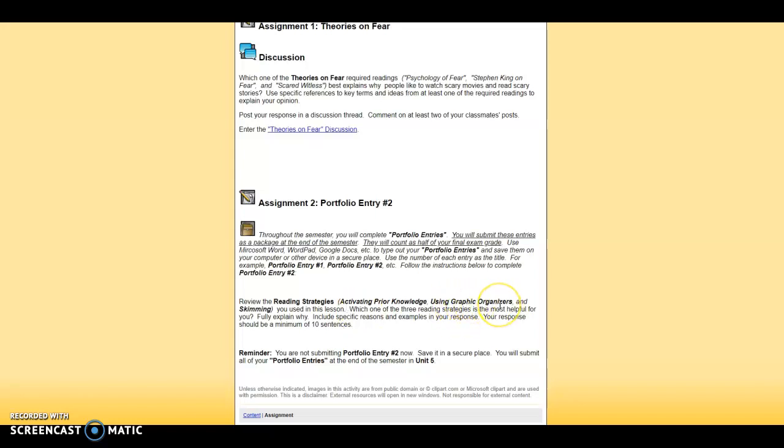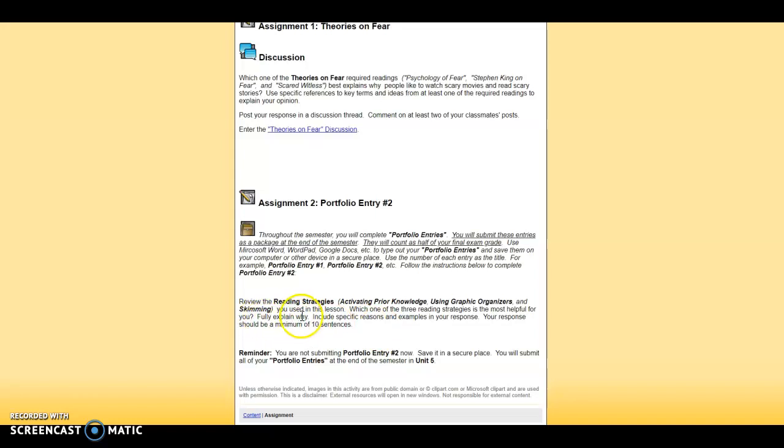Do you prefer using graphic organizers? There are some students who like to see things graphically, and that helps them understand. So do you like making notes in a graphic organizer as you're reading? Or do you like to skim through the information first and get an idea of what you're looking at before you dive in and read the whole thing specifically and slowly?